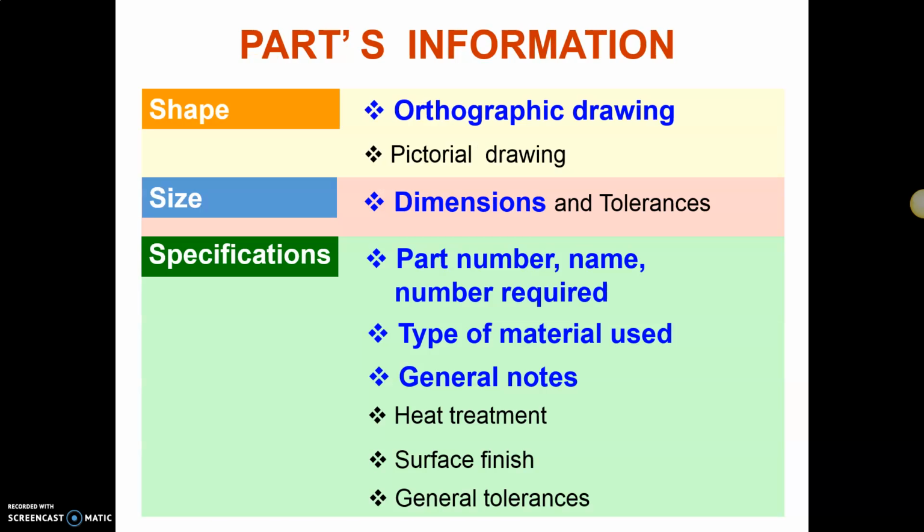The shape of the part can be either an orthographic drawing in 2D or a pictorial drawing in 3D. And the size needs to be included in terms of dimensions and tolerances as well as other specifications.